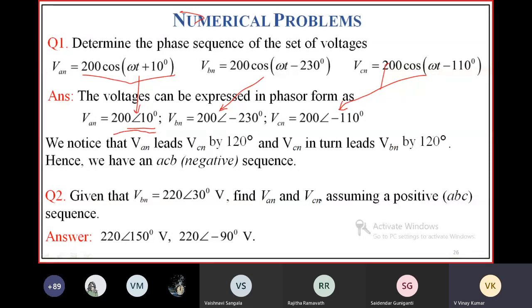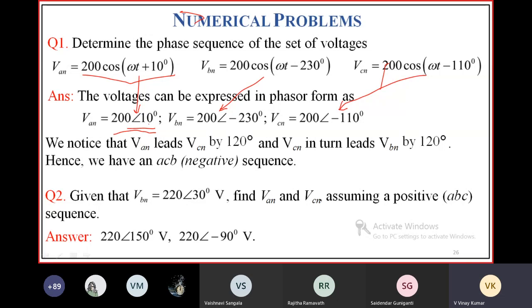Phase A attains more positive voltage first. Anyhow, all voltages are displaced by an angle 120 degrees from each other. So 200 at angle 10 degrees, what will be the next voltage?